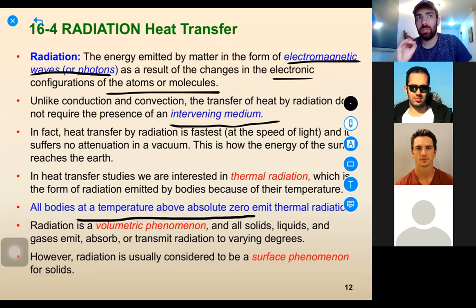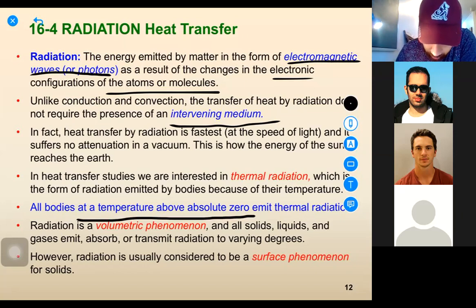Only bodies that are at 0 Kelvin do not have any radiation. And it is basically impossible to reach 0 Kelvin. If you search it, you will see it is impossible to get to that point, at least so far.